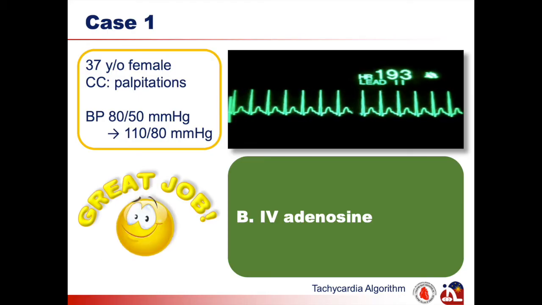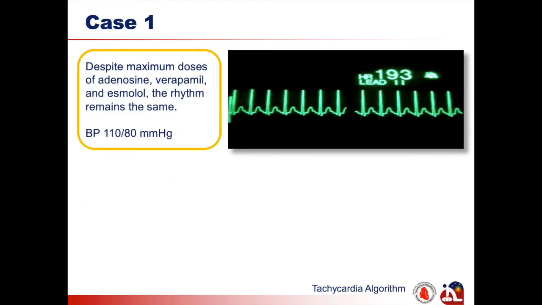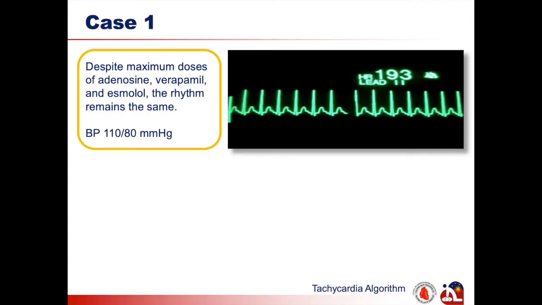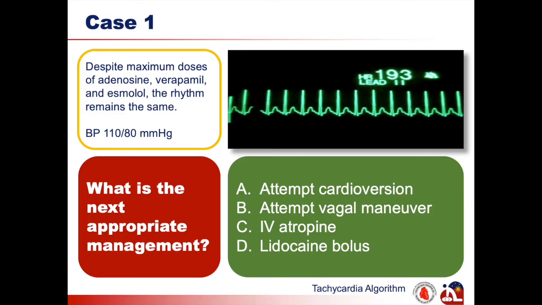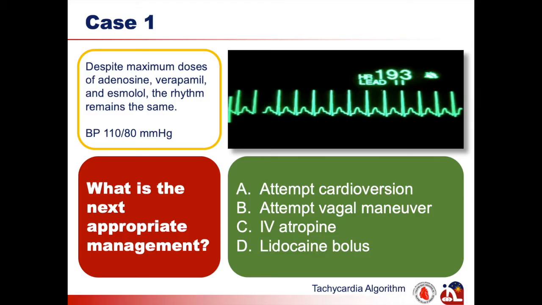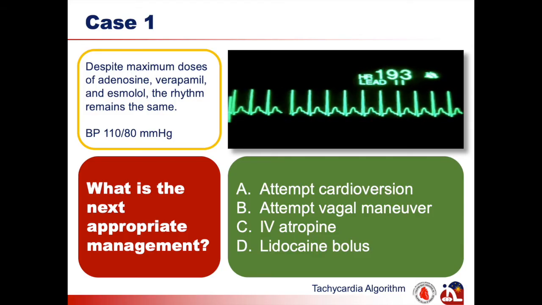Despite maximum doses of adenosine, verapamil and esmolol, the rhythm remains the same and BP is stable at 110/80 mm mercury. What is the next appropriate management? A. Attempt cardioversion. B. Attempt vagal maneuver. C. Give IV atropine.